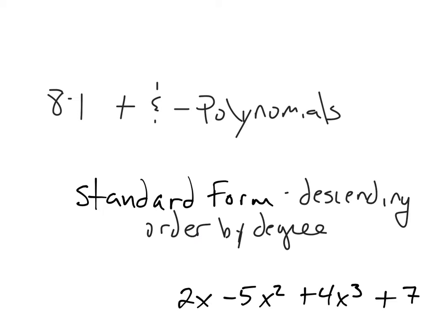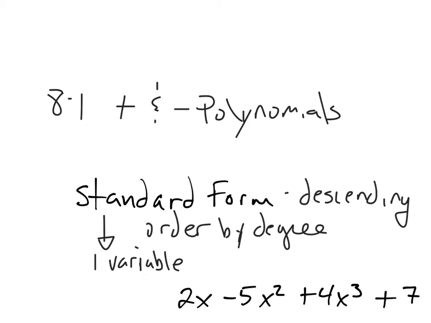However, my only concern as far as this class goes is when there is one variable. If there's more than one variable, I begin to care a whole lot less about standard form. Standard form, when there's more than one variable involved, starts to get a little bit wonky. So I am less concerned about standard form when there's more than one variable. But when there's one, it's in descending order by degree.